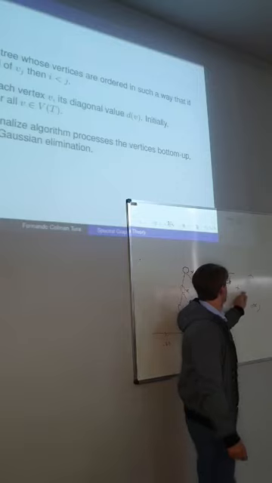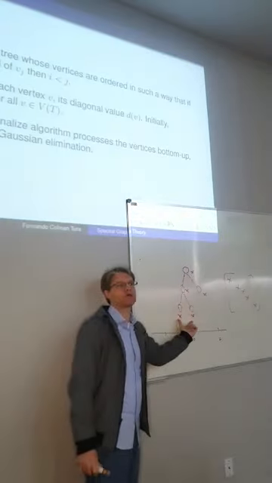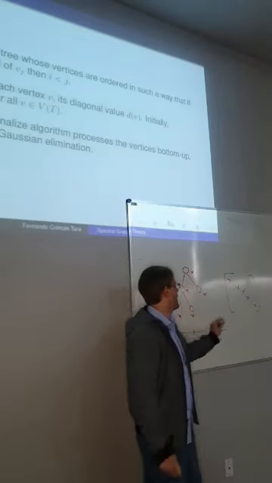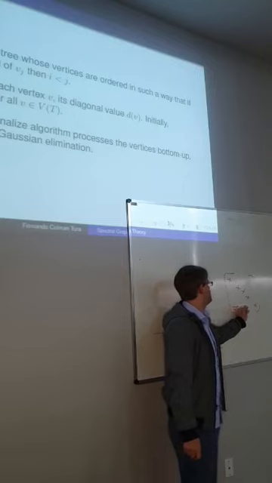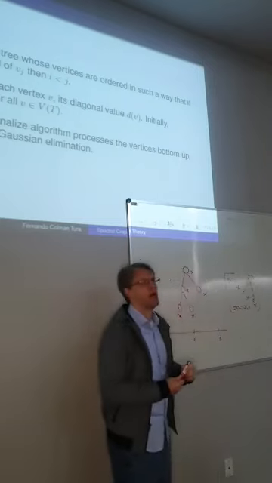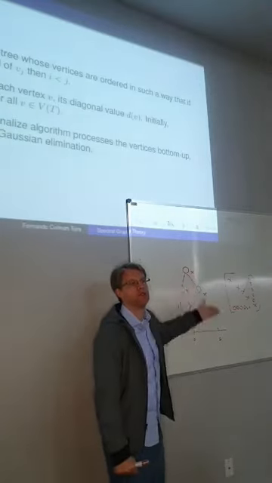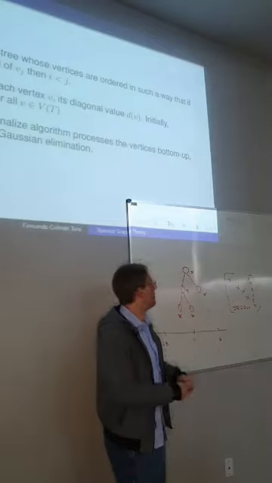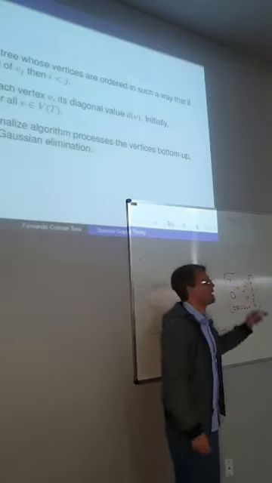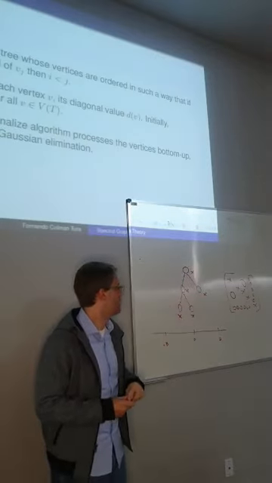Each step starts on the leaves of the tree, in other words, I have 0 on the diagonal. And I move one level above and continue this process until I obtain a diagonal matrix. This is the idea. Okay?